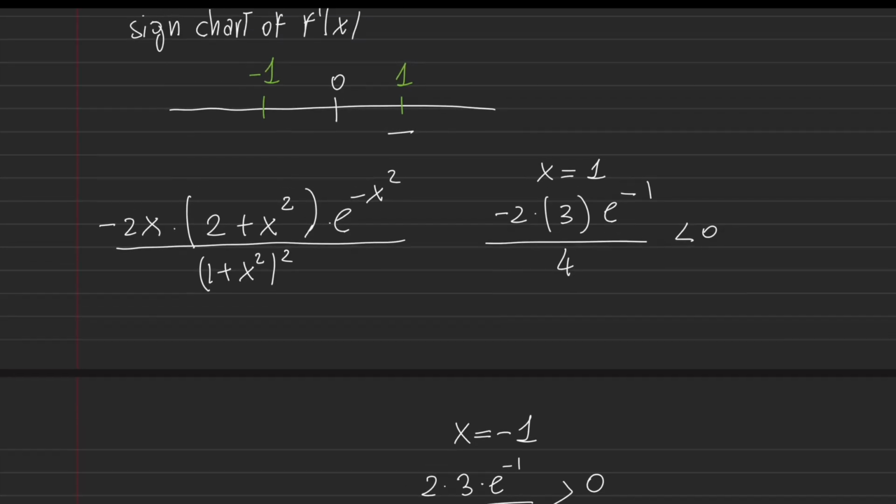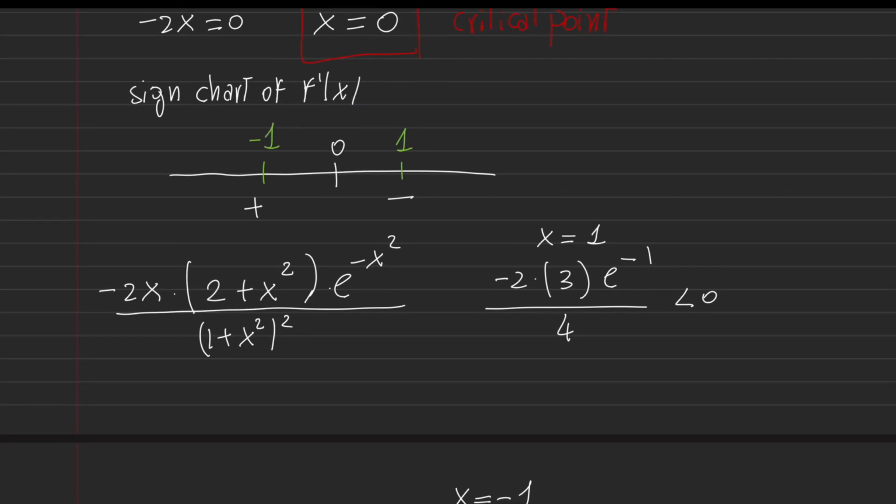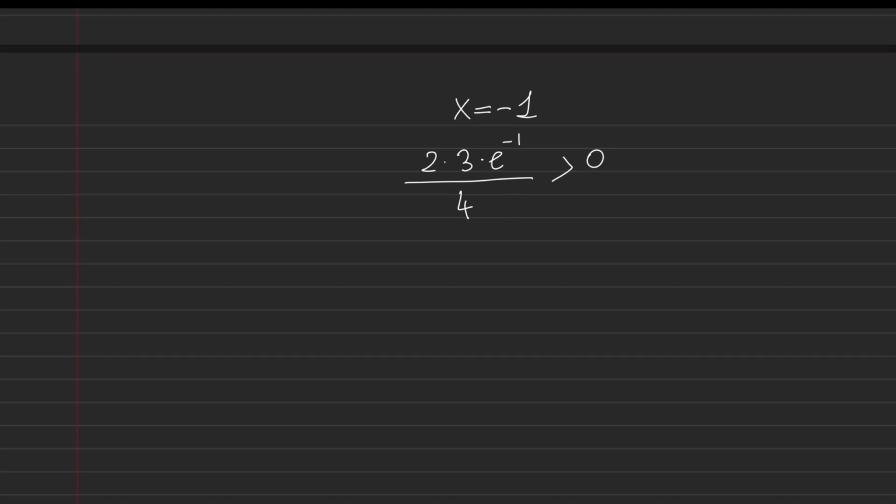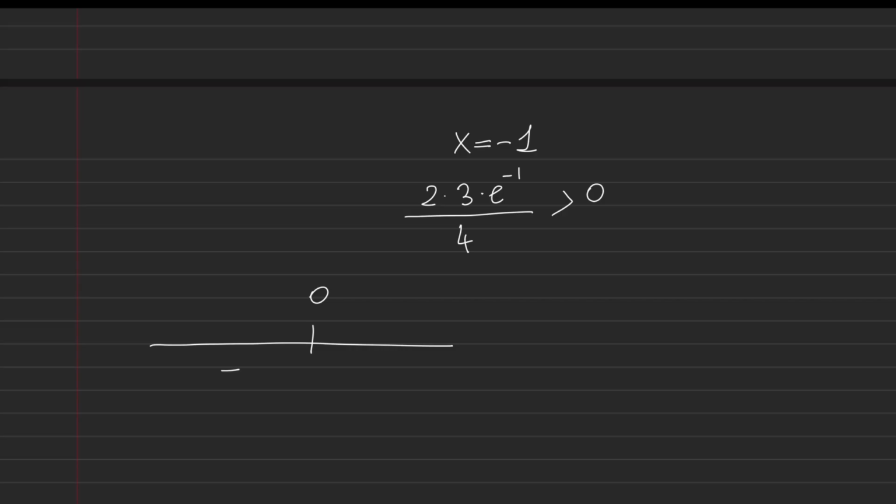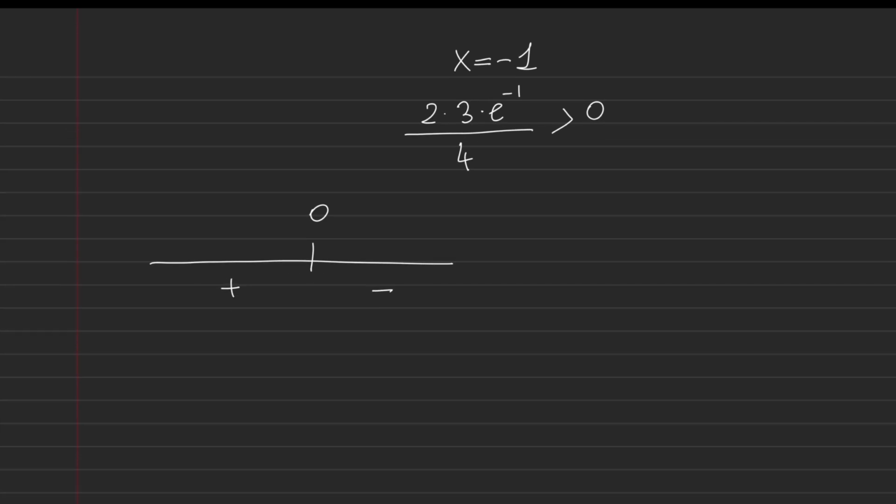So I have a positive sign for x equal to minus 1, which means that my function will do this. So let's rewrite the sign chart down here. So we have 0. We know that at minus 1 it is positive, so here is positive and here is negative. And what does it mean? It means that my function will increase up until 0, and then it will decrease afterwards. Therefore, at 0, I have a local maximum.